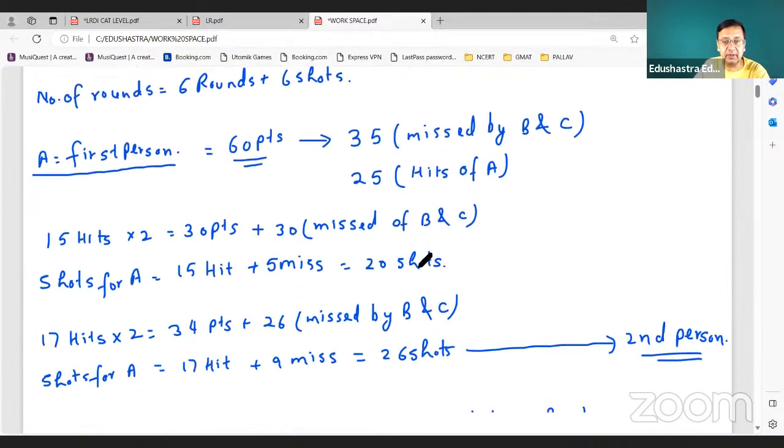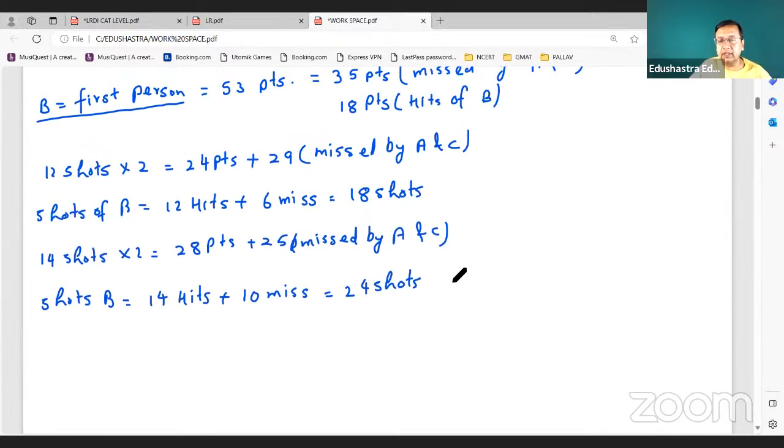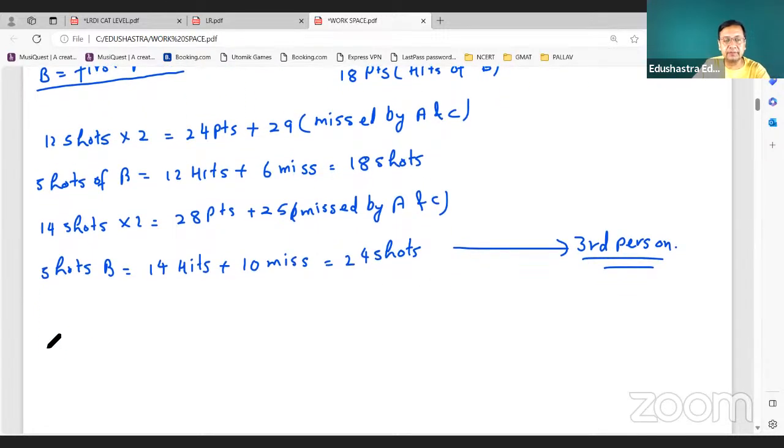Third person, right? So this means B is the third person to hit the target, right? The third person. So C is the first person, right? So this means C will be the first person.